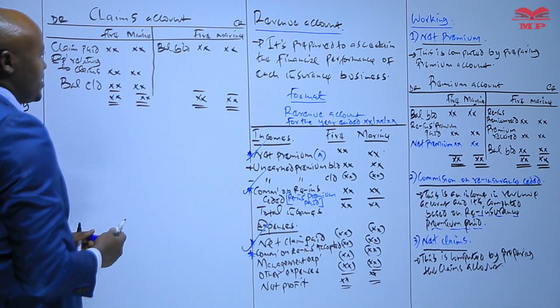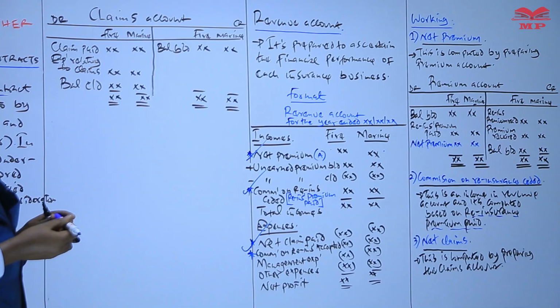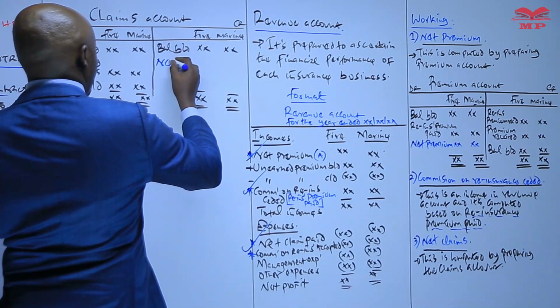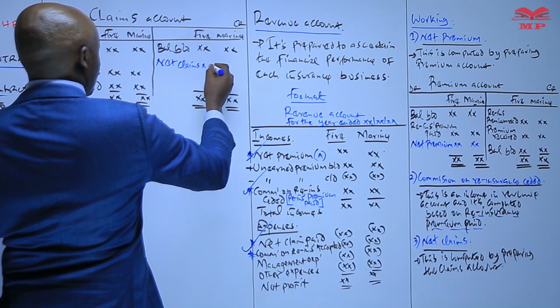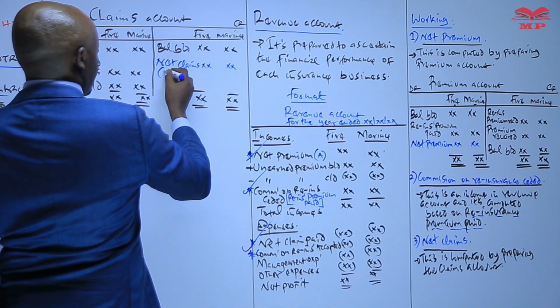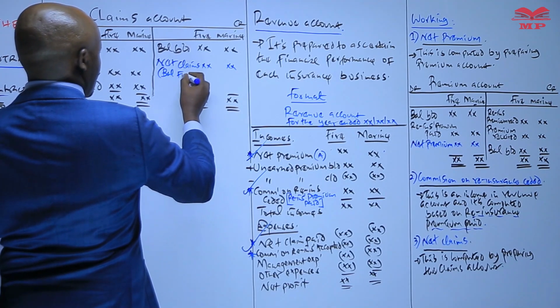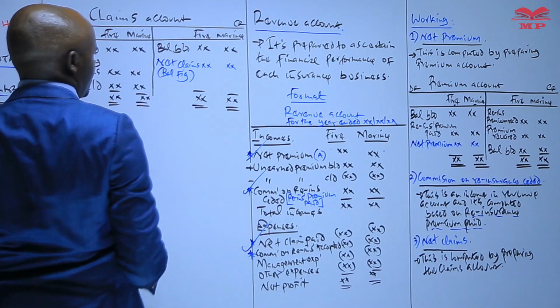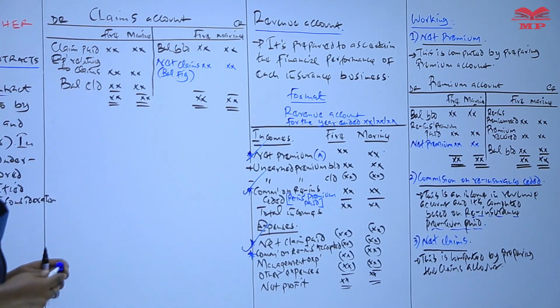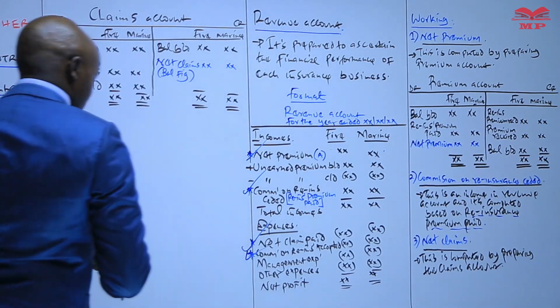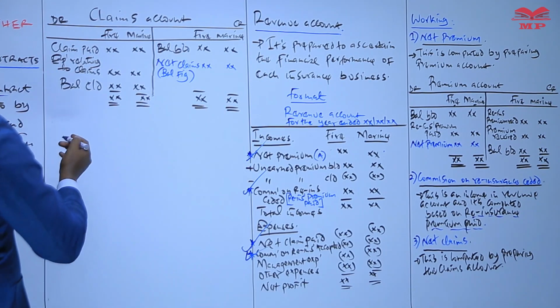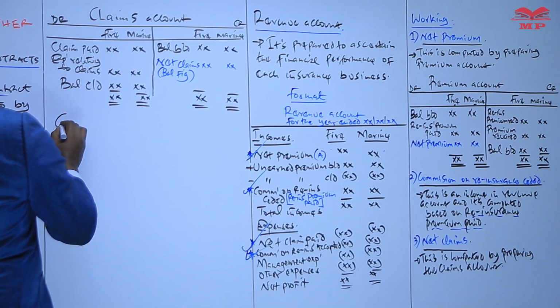The balancing figure, which now will be on the credit side, will be the net claims. And this balancing figure is what we now transfer to our revenue account. Then let's look at how we determine the last item here, which is the commission on insurance accepted.